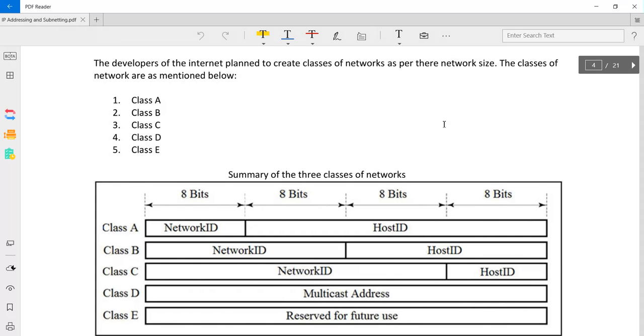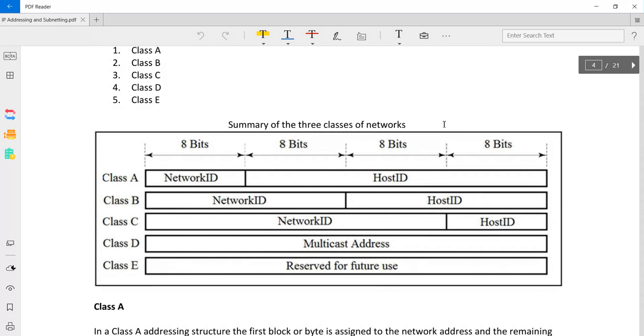Let's see that first. When you see these 3 classes, these IP addresses, as we have already seen, are 4 parts of 8 bits: 8 bit, then dot, then 8 bit, then dot, then 8 bit, dot, 8 bit.